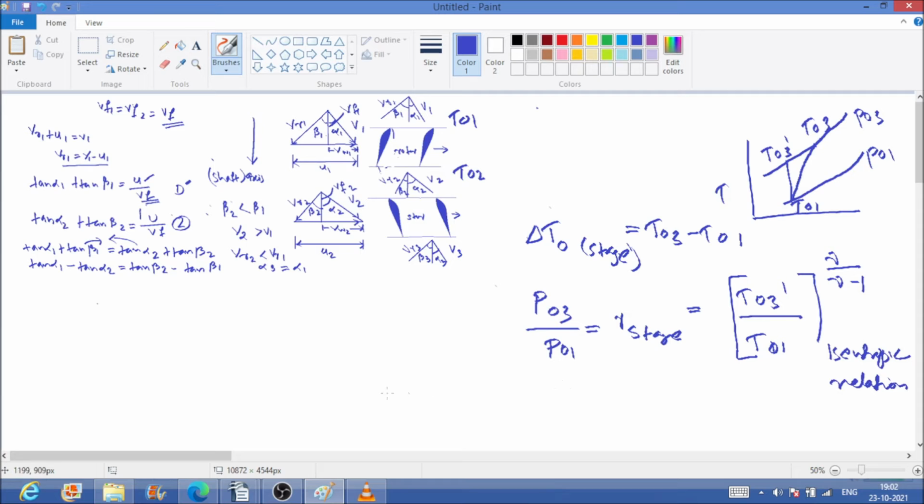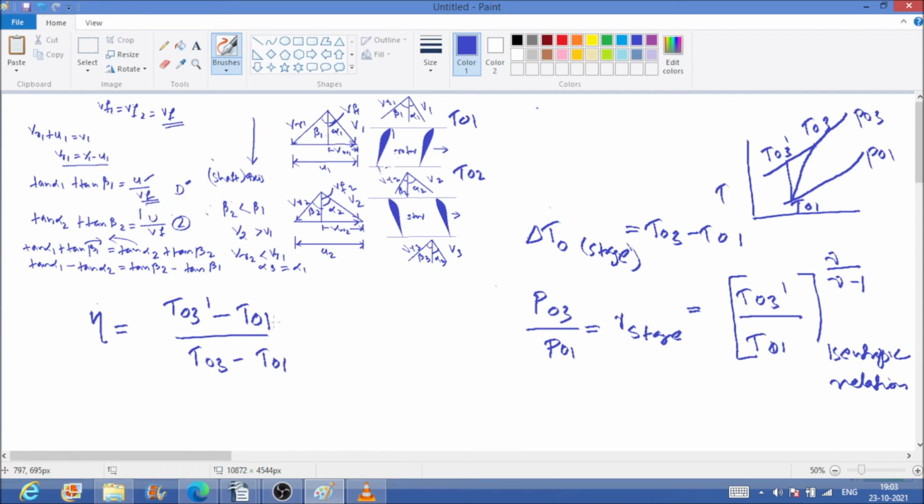Now I define the isentropic efficiency. Here there is a temperature difference and here also there is a temperature difference, so I compare them. The isentropic stagnation temperature difference is the smaller one, that is the energy I have to give to the compressor, smaller because it is isentropic. So eta s is (T03 dash minus T01) divided by (T03 minus T01), where the denominator is the actual one.